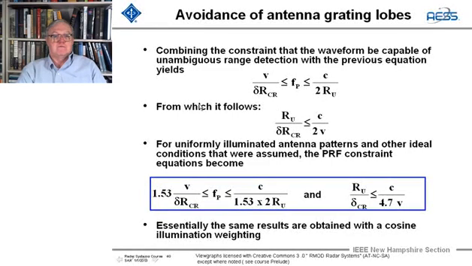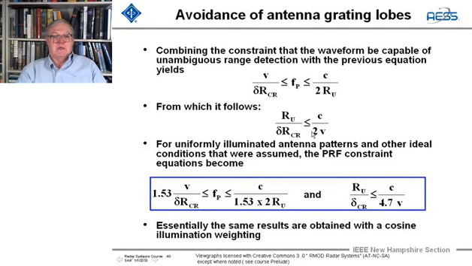So it follows that this is for the grating lobes, and this is the constraint from the unambiguous range. It follows that this factor has to take place.